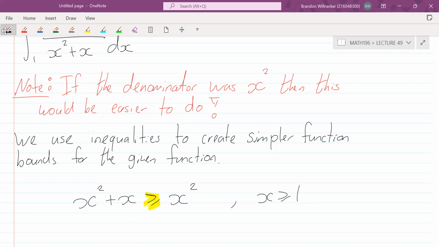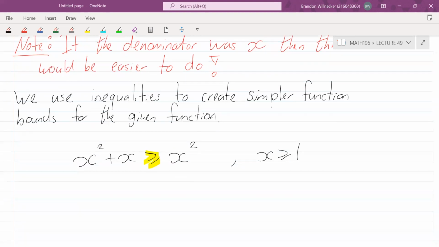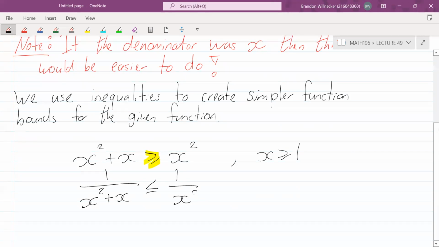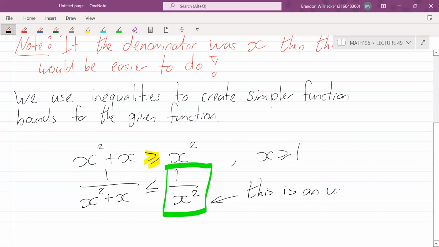But we're not dealing with x squared plus x. We're dealing with 1 over x squared plus x. So in this case, we're going to have 1 over x squared plus x is less than or equal to 1 over x squared, which is a simpler looking upper bound.